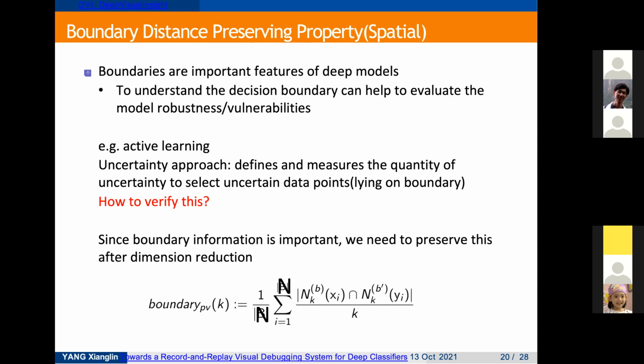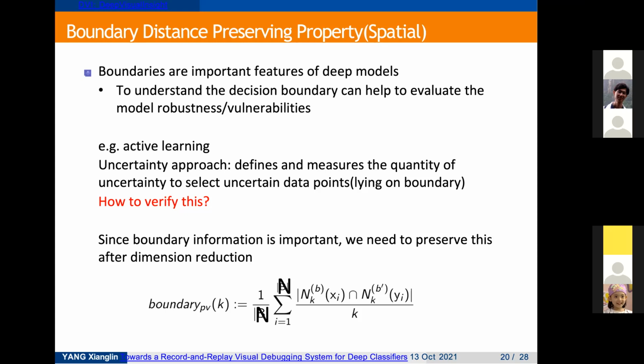Another motivating example is active learning. Active learning is a learning activity that is opposed to passively taking in all the information. Instead, it tries to actively select some informative points from an unlabeled data pool, and then query for the labels of those informative points.